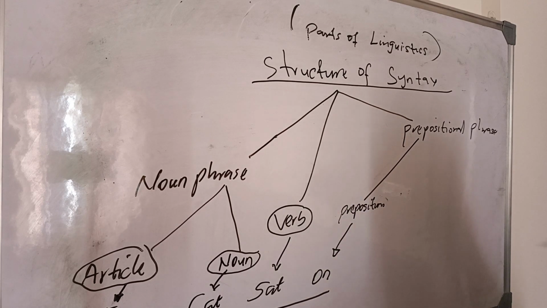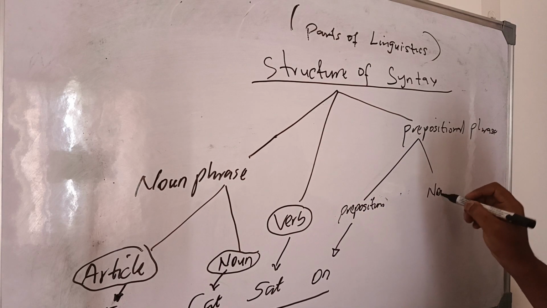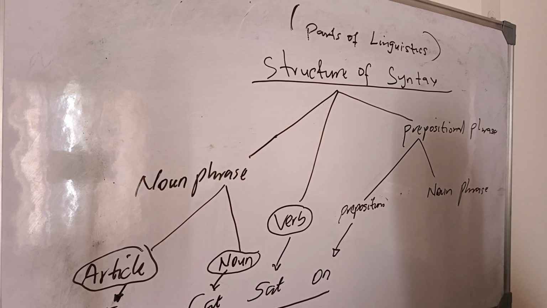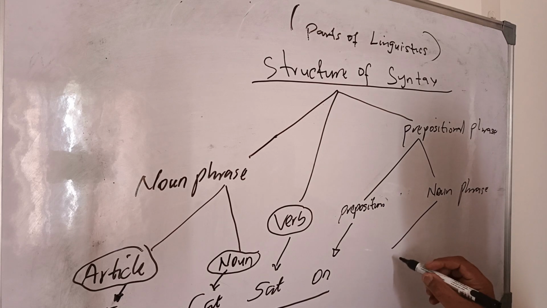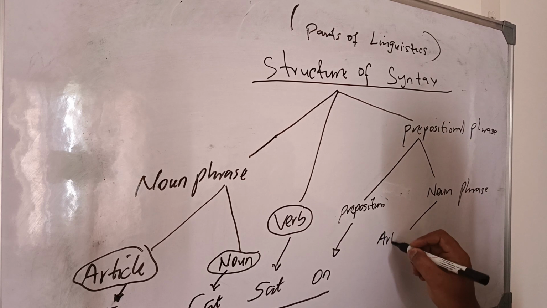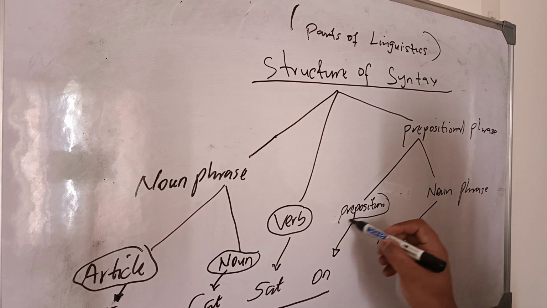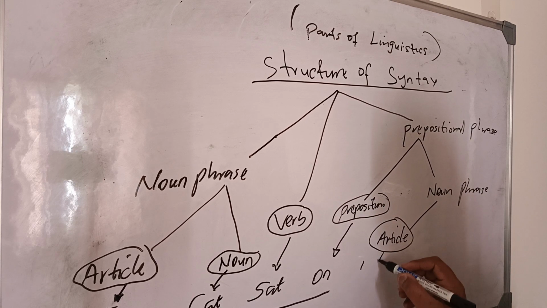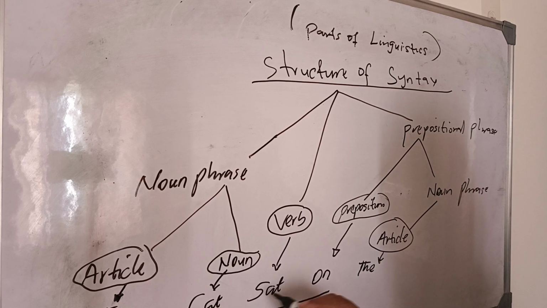Then this one will have a noun phrase to complete the sentence. So the noun phrase will be divided into two. Sat on. So this one will have an article again. So preposition and article, which is the cat sat on the.